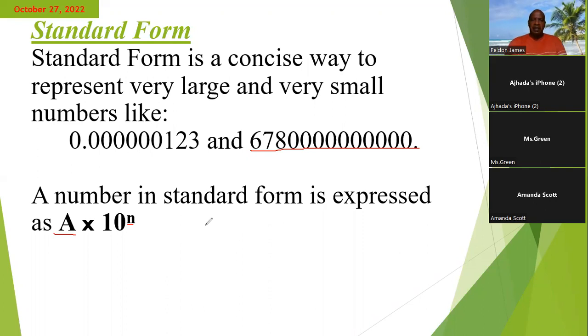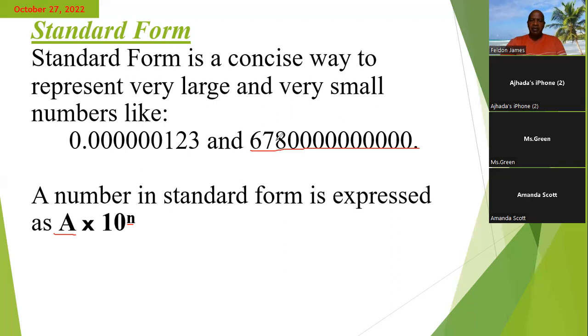I'm going to say positive or negative whole numbers, even though we don't refer to negative numbers as whole numbers, but I think you'll understand what I mean by that. All right, so the first step in writing any number in standard form is that from the number itself, we have to determine A. From the number also, we have to determine N.